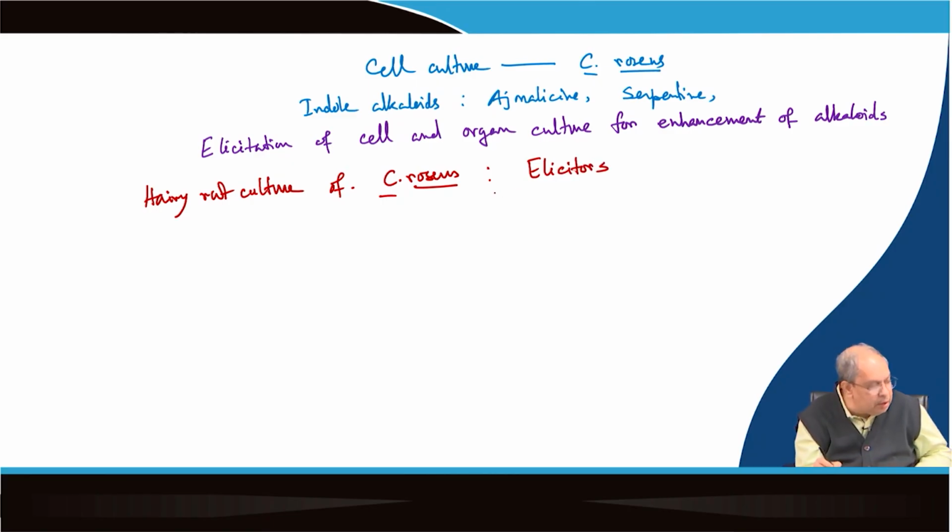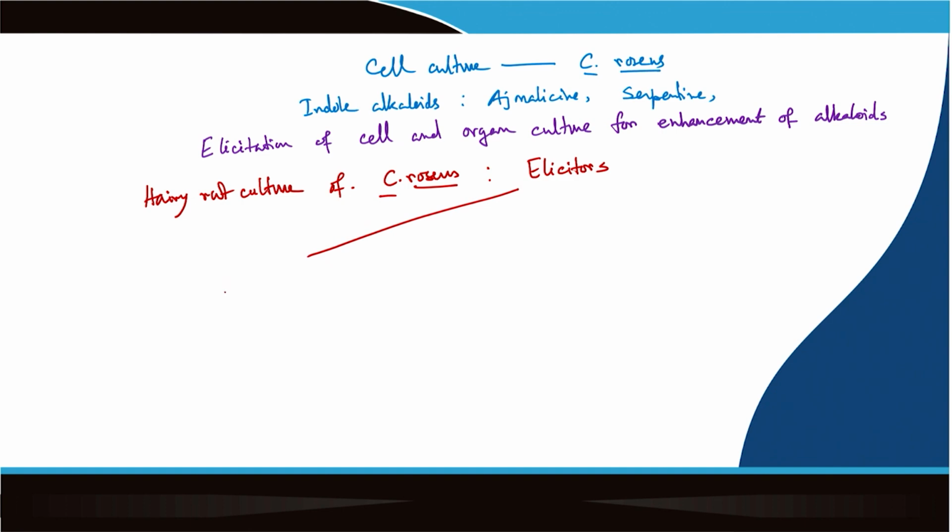What are these elicitors? They have chosen one is pectinase, another one is chitin, and the third one is jasmonic acid.